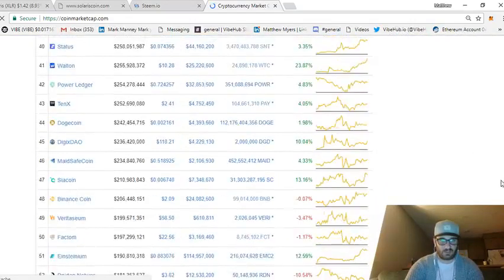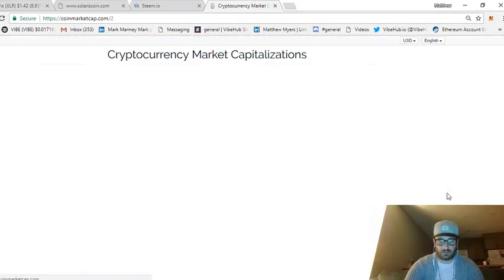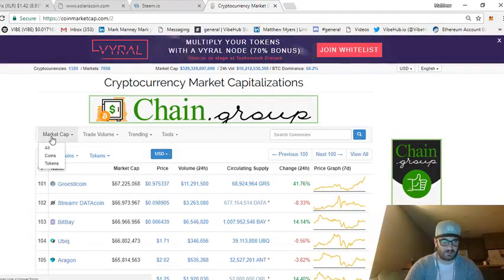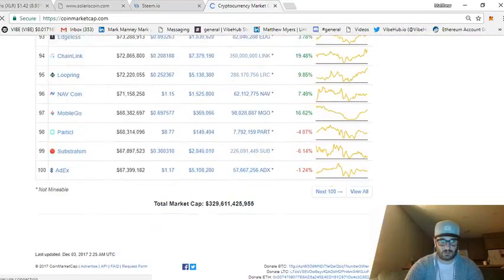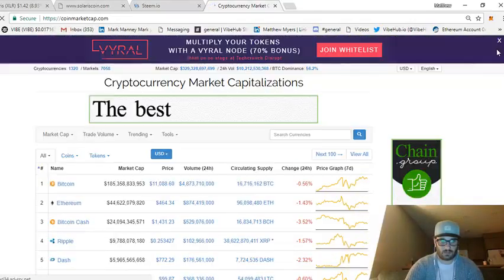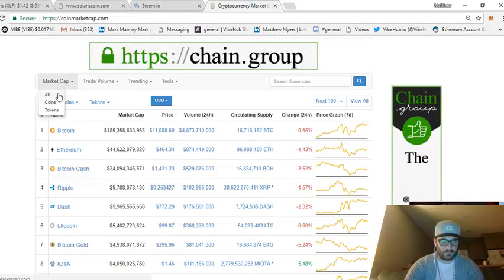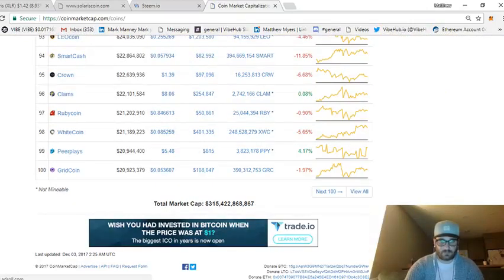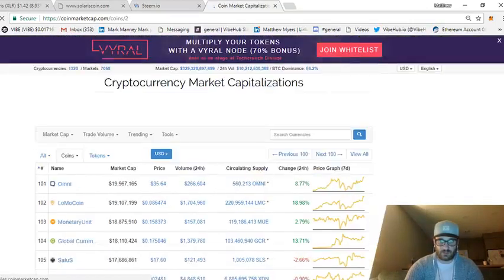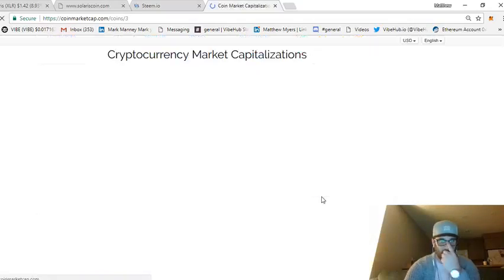The reason I say that is because whenever you go down to these lower cap coins, these are the coins where you're going to make the most return.